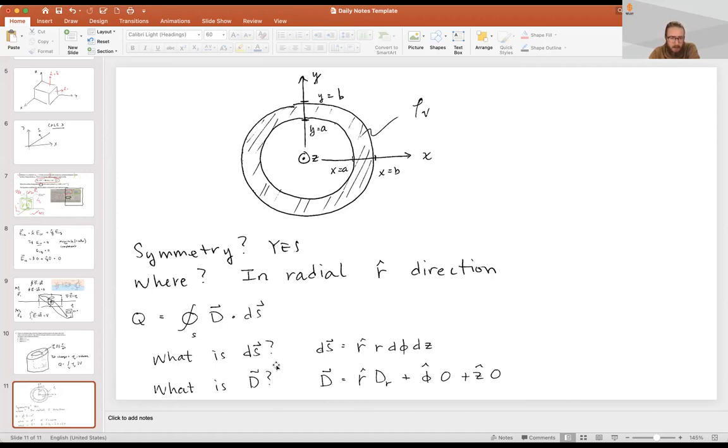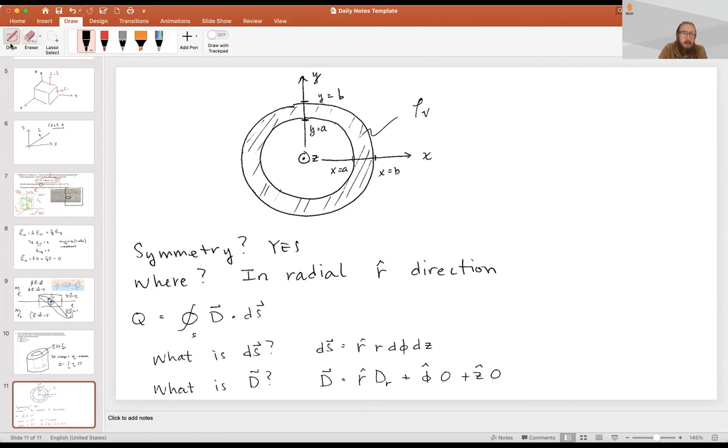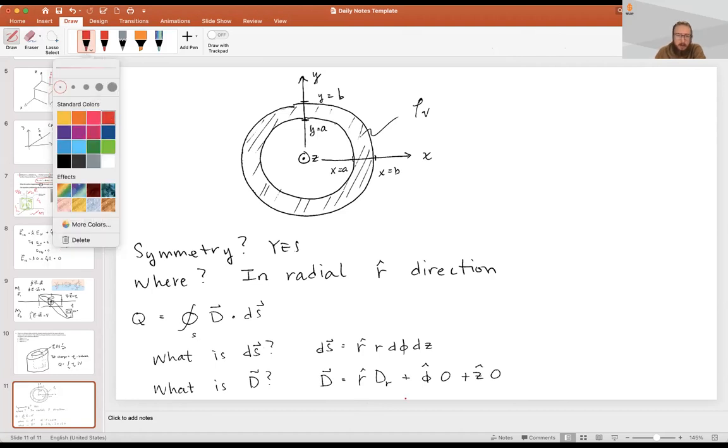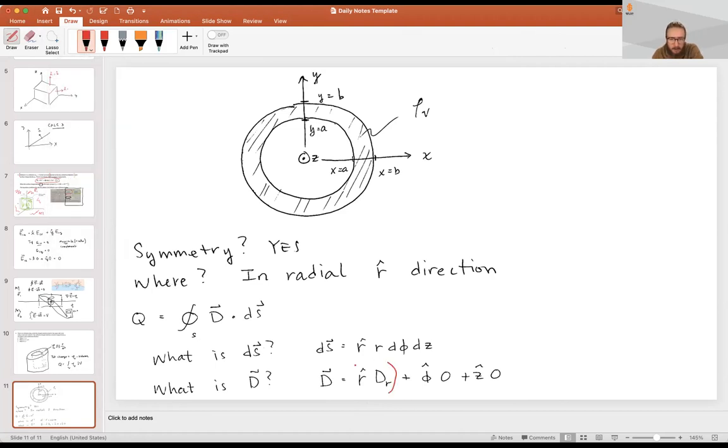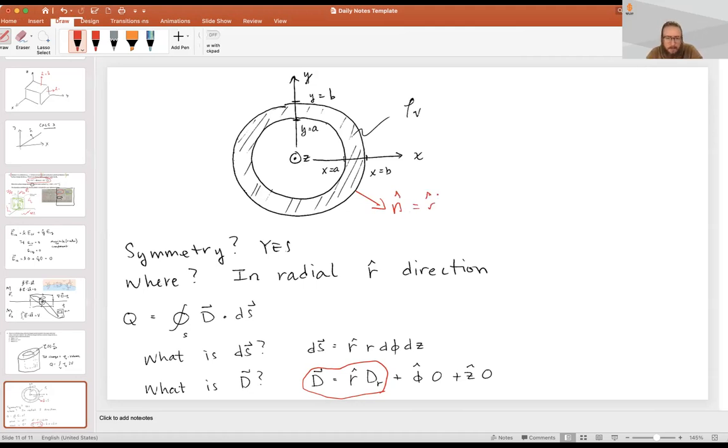Then we would need to find the dS and the D. In this problem, you would also have to identify the normal component, which we did, as r hat.